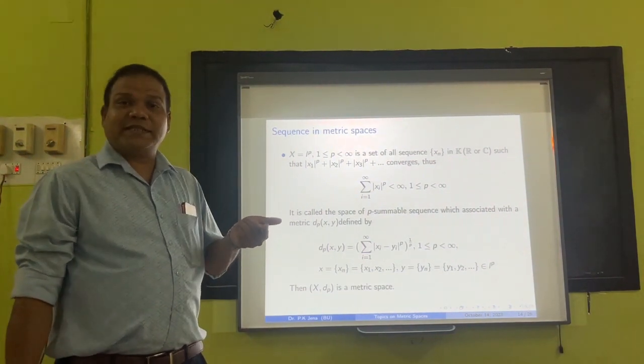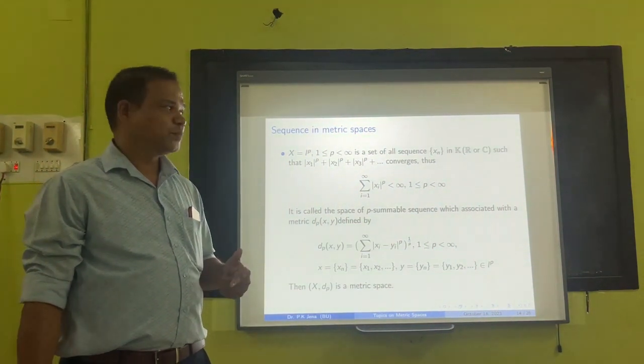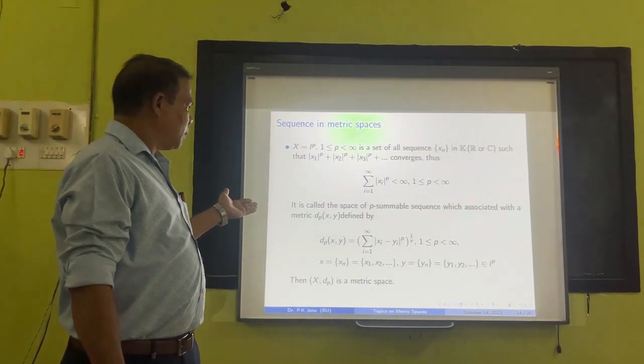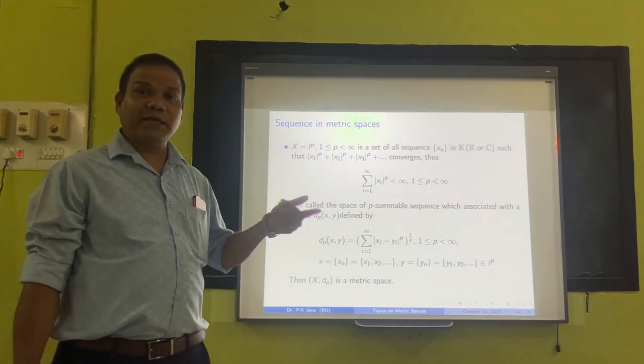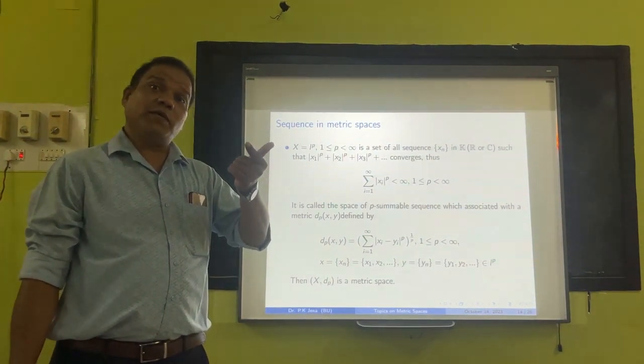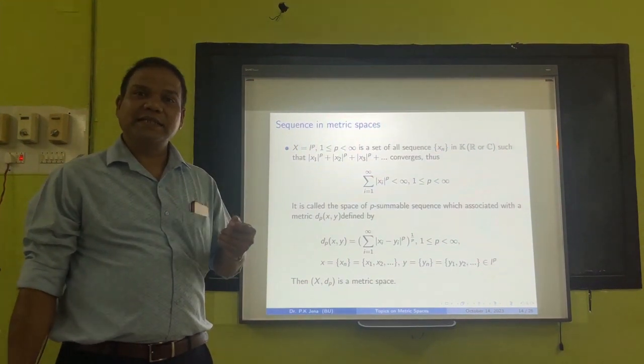In that set, how do we define a metric? The question arises whether we will be able to define the distance between any two elements from LP, where the elements are sequences.